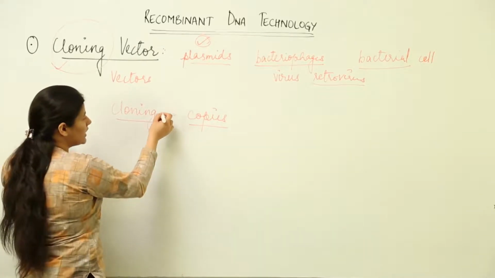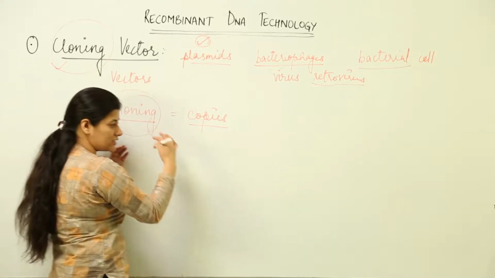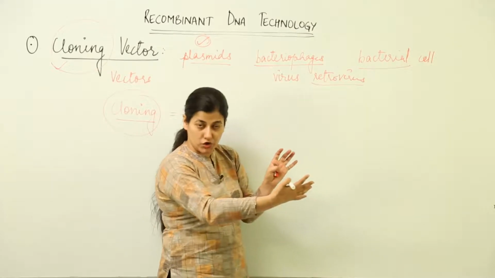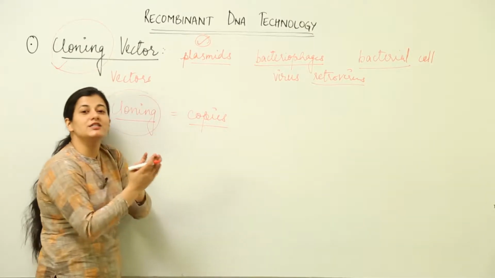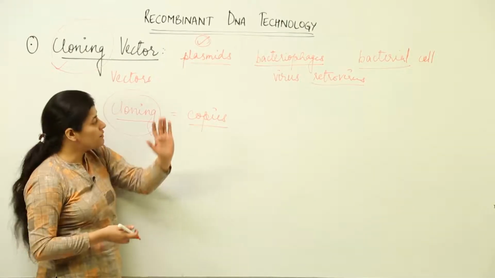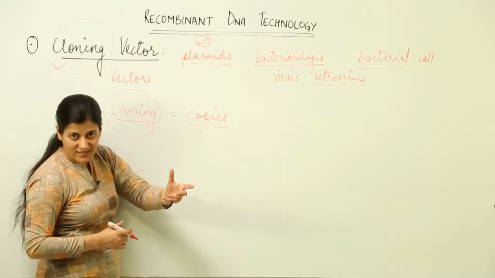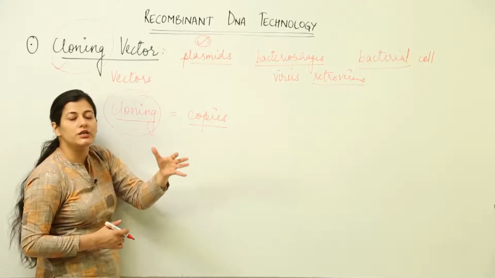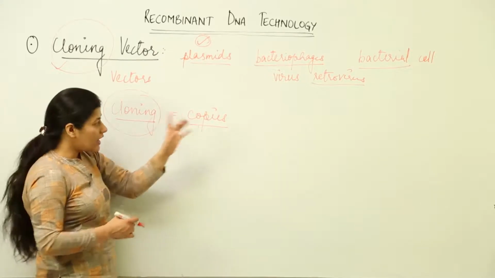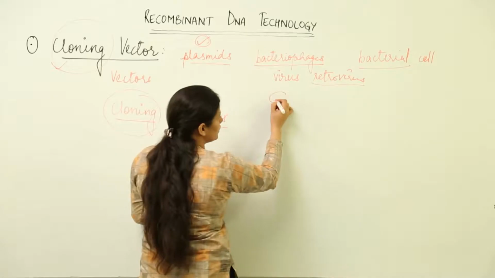So we seek that not only our gene of interest enters the host cell, but it enters in such a way that it has the ability to produce its copies. That means it has the ability to clone itself. What is cloning? Cloning is producing the exact copy. Here we are seeking gene cloning.